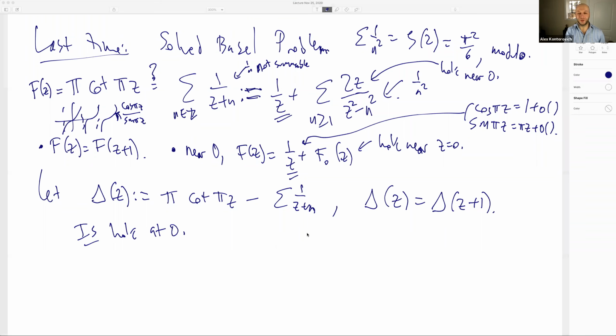We've subtracted off the 2 polar parts. Does that make sense? The 2 principal parts. But it's invariant under z goes to z plus 1. So it's also holomorphic at all the integers. And so it's just an entire function.